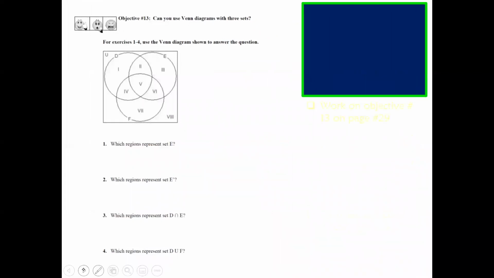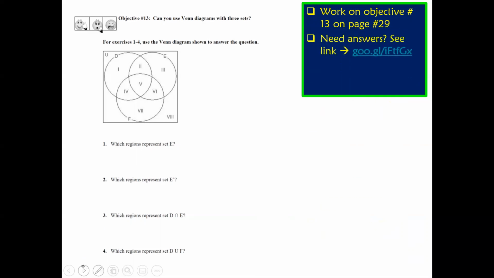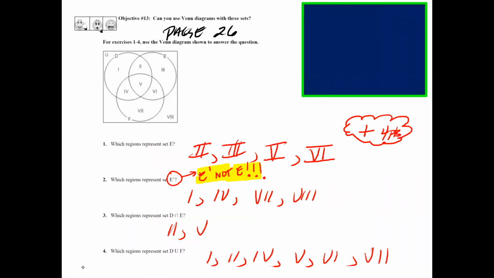All right. So next, what I want you guys to do is work on objective number 13. It is page 29. So pause the video to answer the questions. If you want to check your answer, here are your answers. Make sure you're not just simply copying this part down, but you're actually understanding how we get to these numbers.